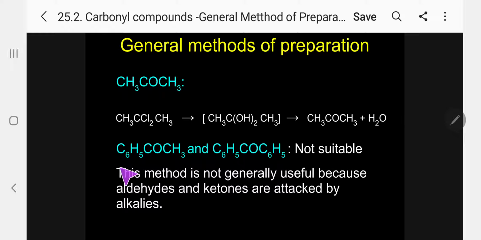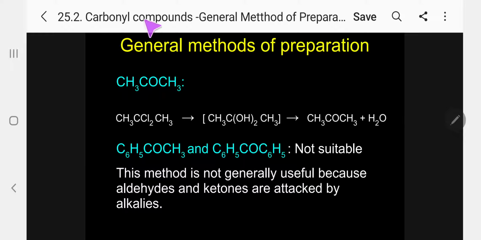Next, acetophenone and benzophenone are not suitable by this method because of their bulky nature. And also, the most important information, students, you must listen to me.